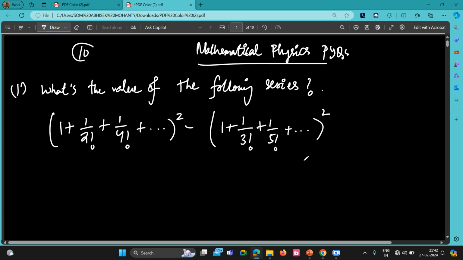So this is your series. We have to find out the value. The options are: option A is 0, option B is e, option C is e square, and option D is 1.